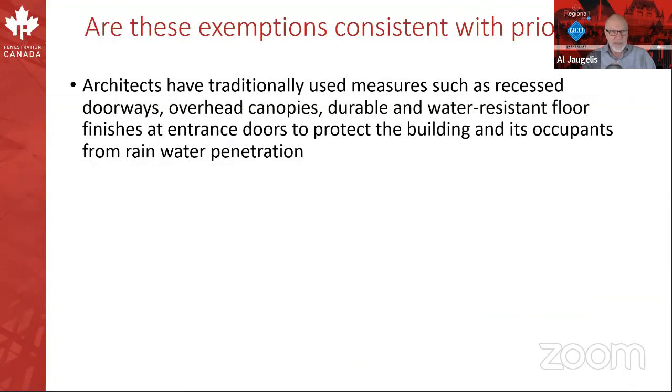You can do what architects have traditionally done, such as recessing doorways back from the face of a building to shield them from driving rain, providing overhead canopies over doorways that are at the plane of the face of the building, using drains, gutters, durable and water-resistant floor finishes, ensuring that water penetration that will get through these doors is not going to cause any deterioration to the building or prevent the use of the building. You design around the weakness of the door rather than specifying a door that doesn't exist.